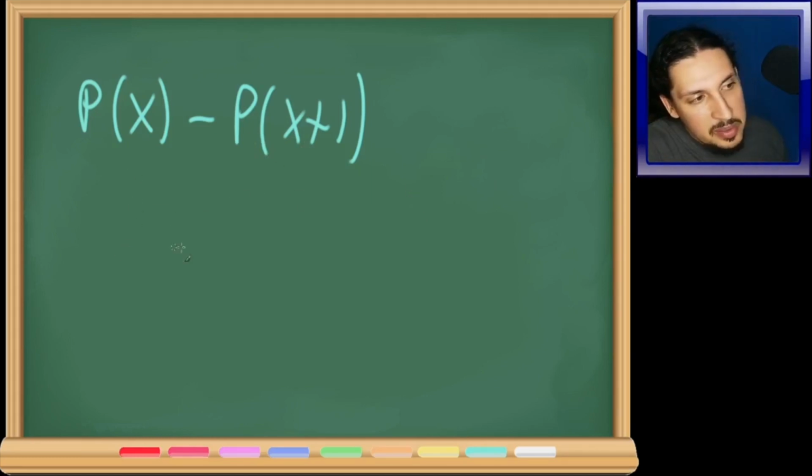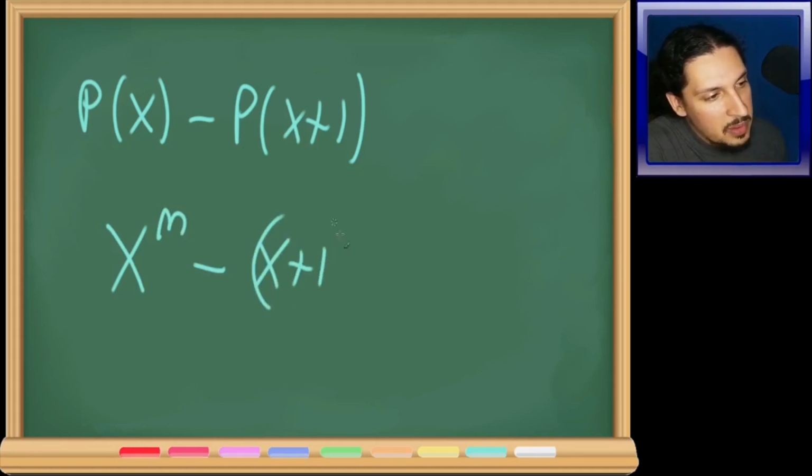Because a polynomial is a sum of terms, and this is linear, so for each term we just look at things of the form x to the n minus (x plus 1) to the n.